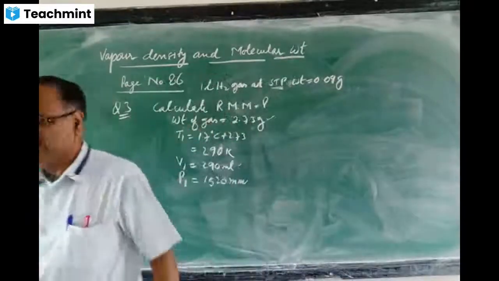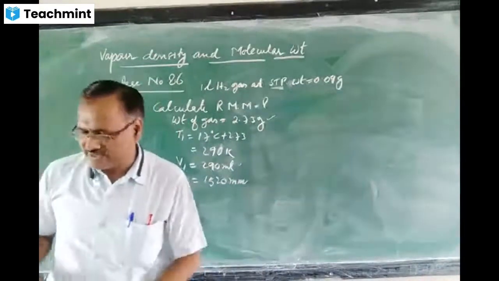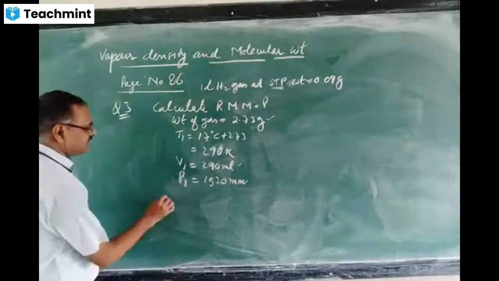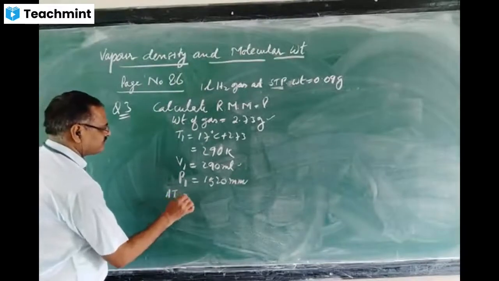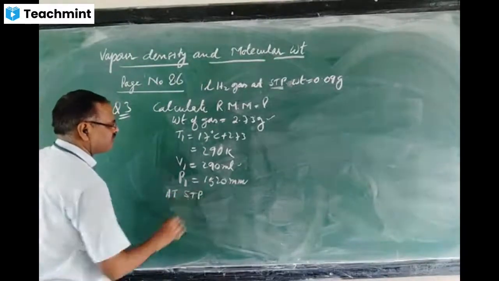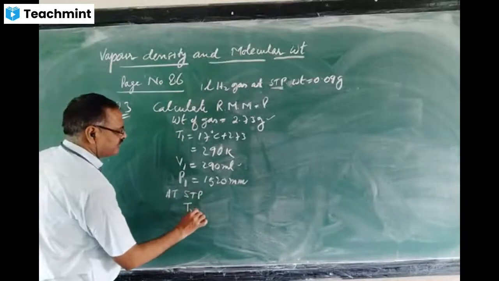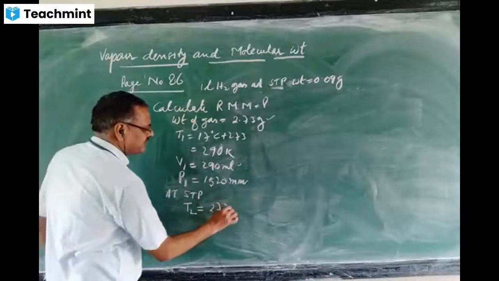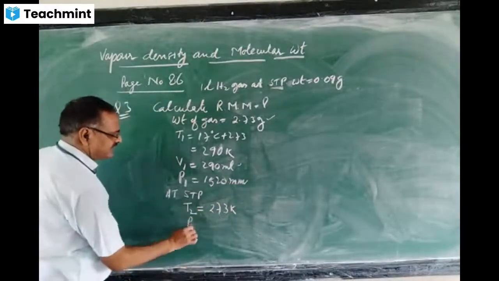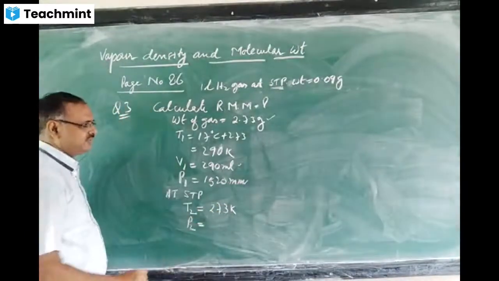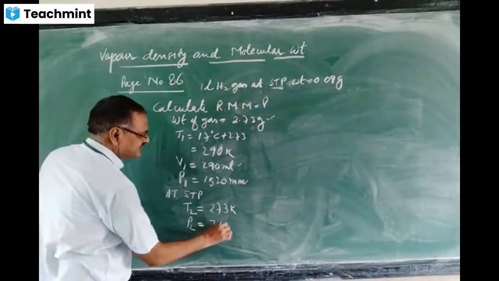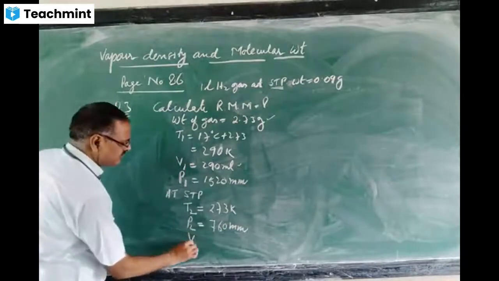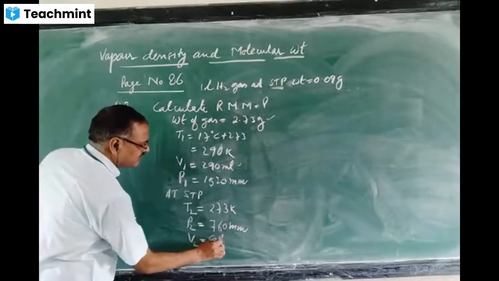So first of all, let us convert this volume to STP. At STP, T2, you know that the temperature is 273 Kelvin, and the pressure at STP, you are familiar, is 760 mm. Then V2 we have to calculate.